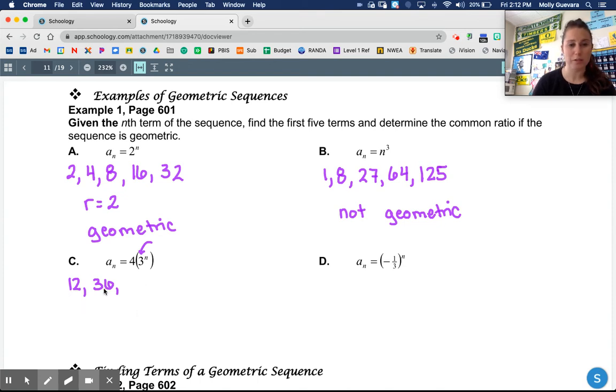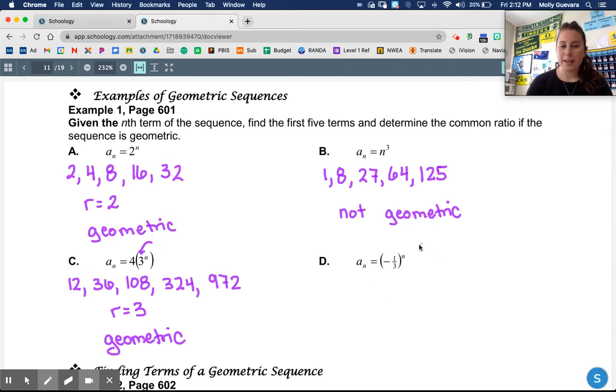So 12 times 3 is 36. 36 times 3 is 108. 108 times 3 is 324. And 324 times 3 is going to be 972. So here my r is 3, right? I'm multiplying by 3 every single time. So this sequence is geometric.